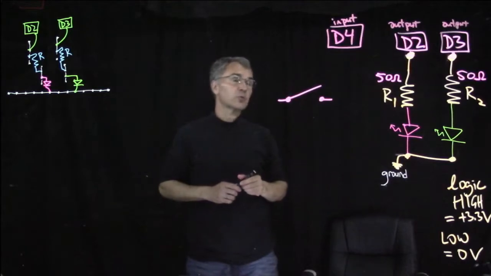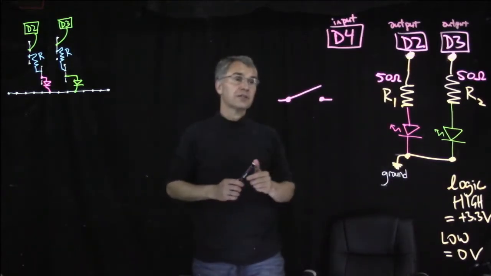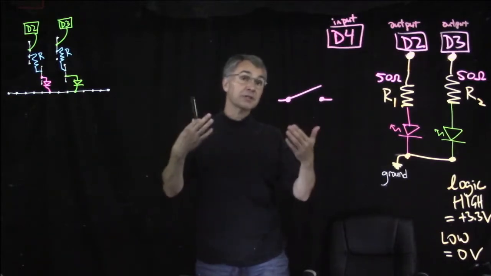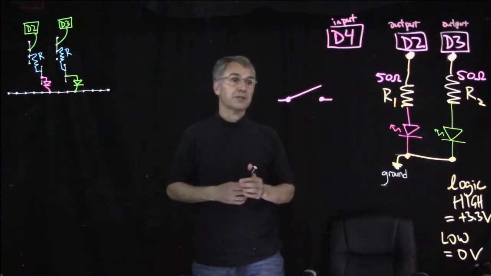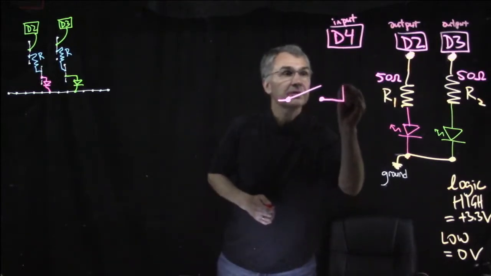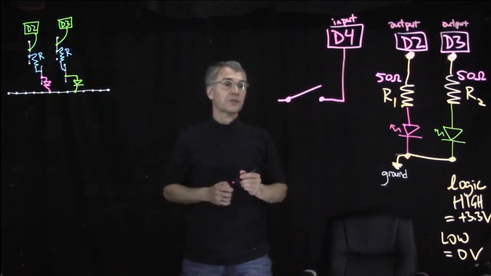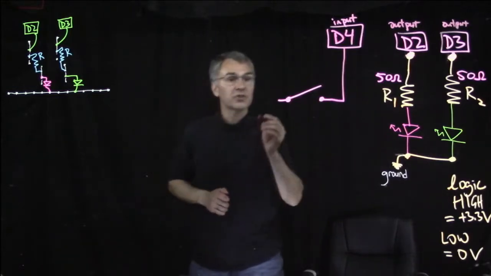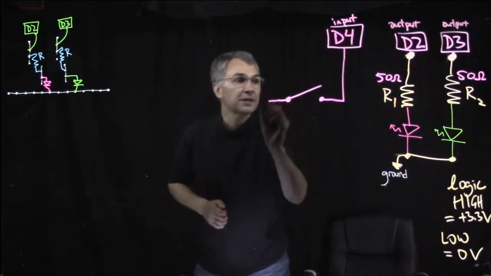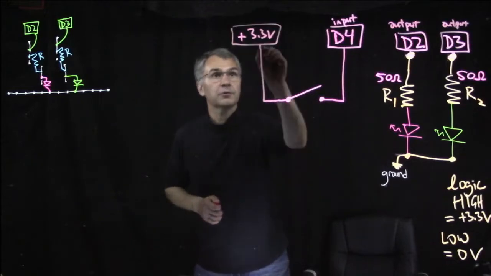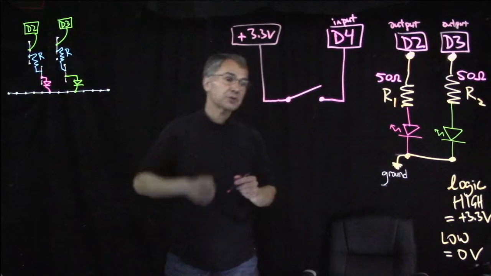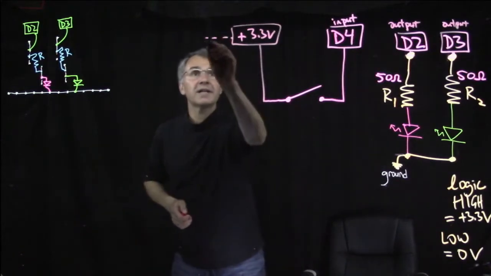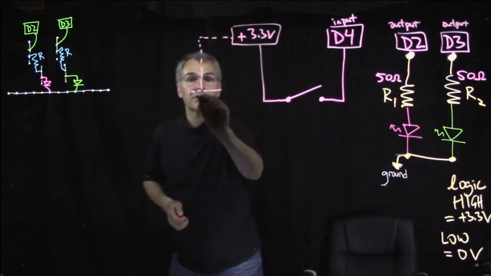So the M4 board will be able to sense whether this D4 pin is in the high or the low state. In other words, we will put it into the high or the low state, and the M4 board will notice what state we put it in. So we can connect this end to the M4 board's input pin. I guess a reasonable thing to do would then be to connect this end to plus 3.3 volts. And remember, when I just draw plus 3.3 volts there, you can imagine that what I mean is that there's a battery.